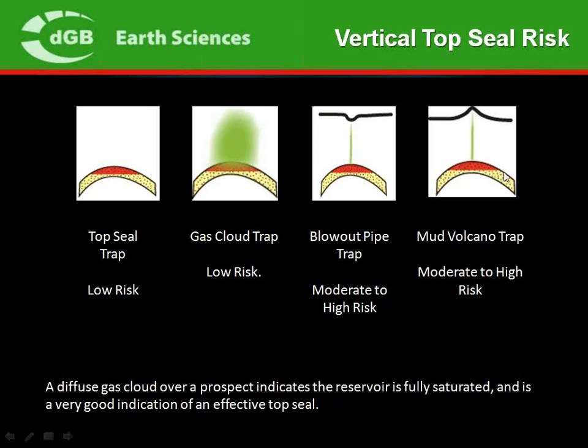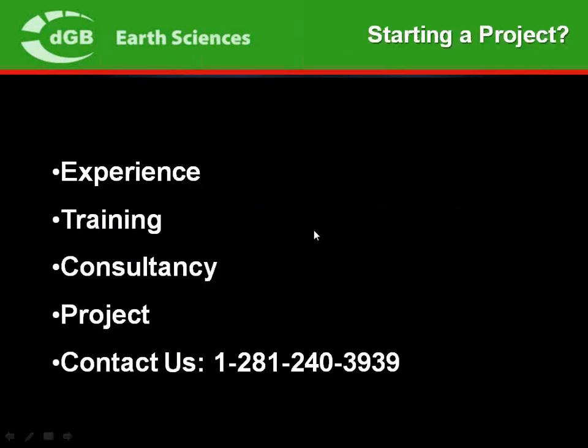Their work in the North Sea primarily shows that you can risk these very differently. Basically, gas cloud traps are a very positive indication, whereas point sources or fault-related leakage are a higher risk.